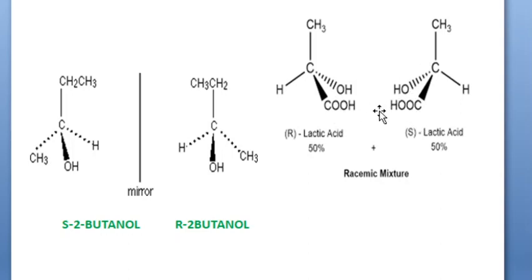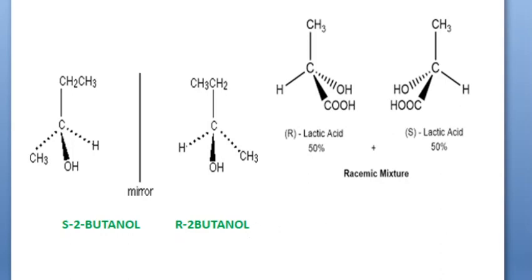Both are mirror images of each other, so that's chiral. Here too, the carbon is surrounded by four different groups: ethyl, OH, CH3 and H. It is R-2-butanol and S-2-butanol. Both are mirror images of each other, and there is chirality in these molecules. Both have the same molecular formula but differ in spatial arrangement of atoms, so you can classify them as stereoisomers.